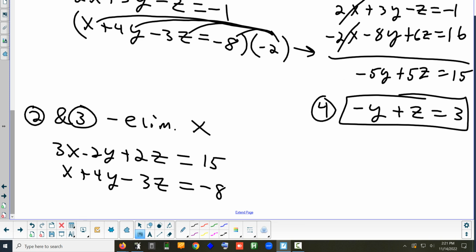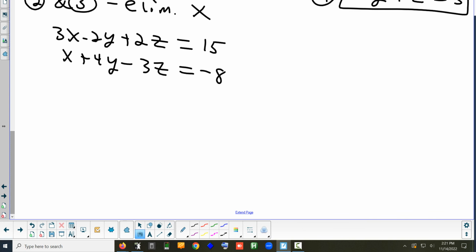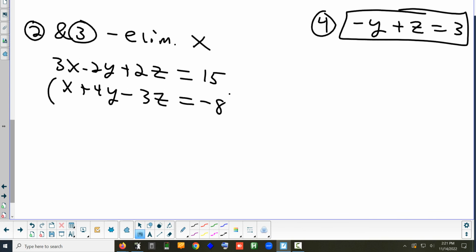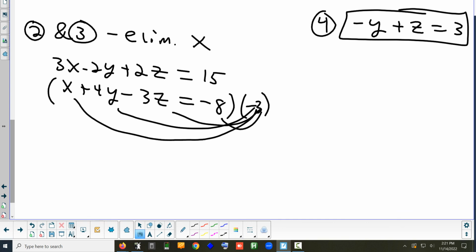So you might think, well, what are we doing with equation 4? For now, nothing. We're going to keep it right there. We're going to use it, but I need another equation that only has 2 letters first. And then I'll come back to equation 4. Okay. So what could I do to eliminate the x's in this equation? Multiply the bottom by negative 3.